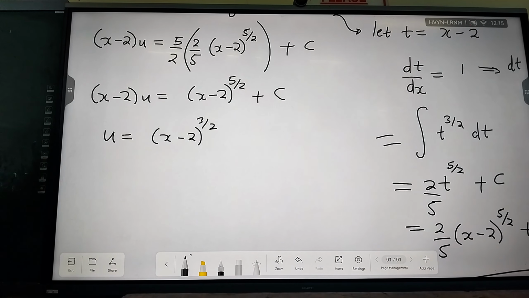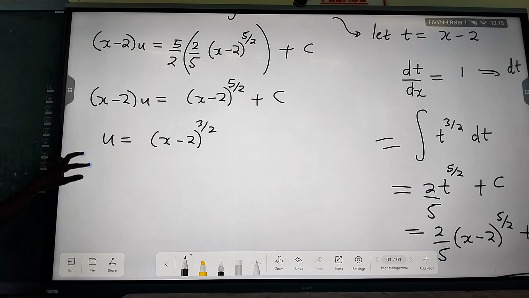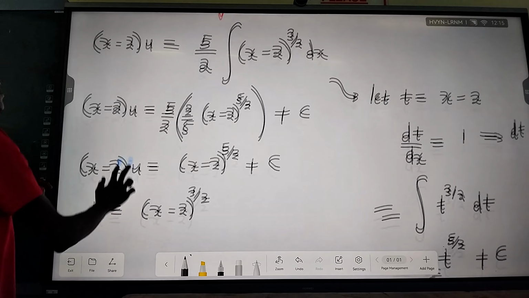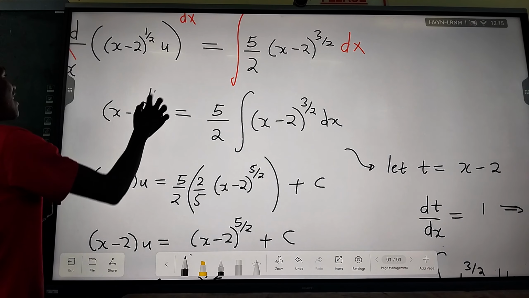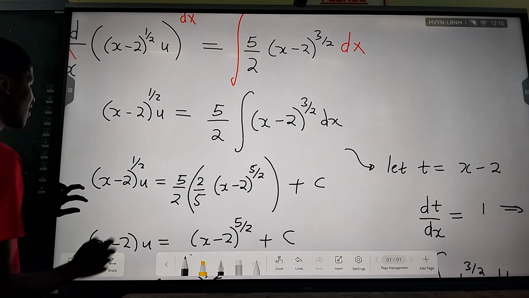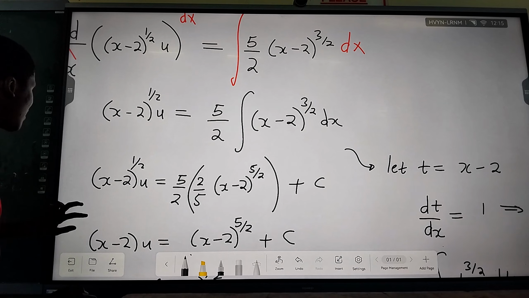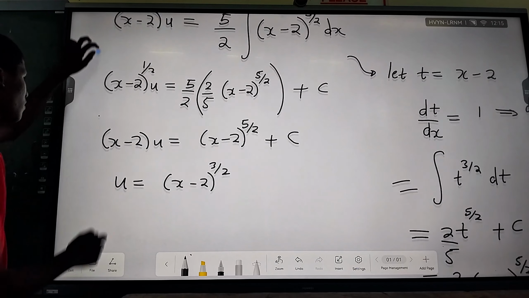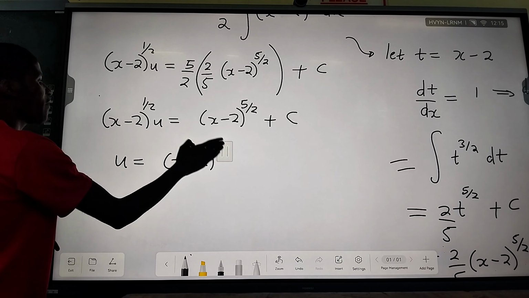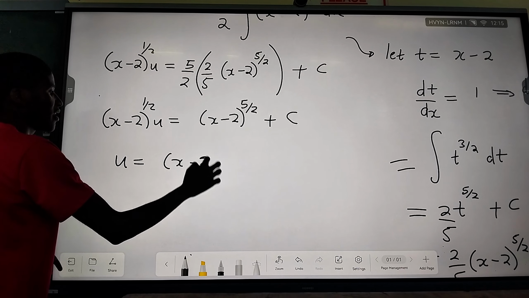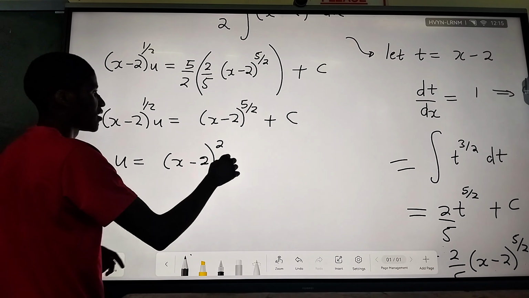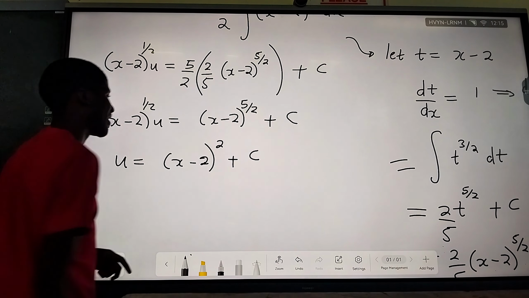Oh yeah, let's not forget it. Your exponent is 1 over 2 there. So 5 over 2 minus 1 over 2, what do you get there? 2, right? So this is 2 plus c.